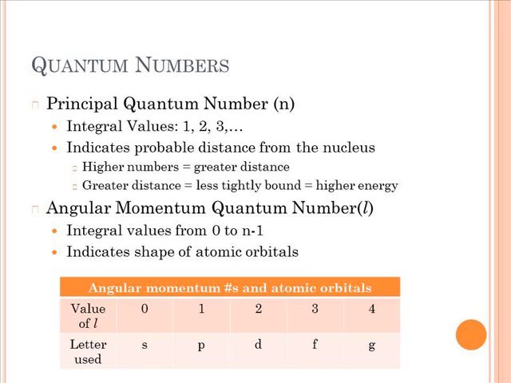So that's given the symbol lowercase n, the principal quantum number. Principal meaning first or most important. The higher the number, the farther it is from the nucleus, although the distance between 1 and 2 is not the same as the distance between 2 and 3. They get closer together the farther you go out. And for hydrogen, the distance between 1 and 2 is different than for helium and different for carbon.